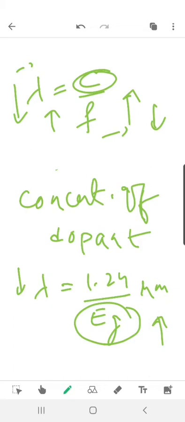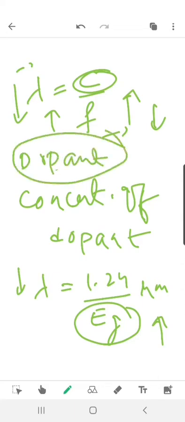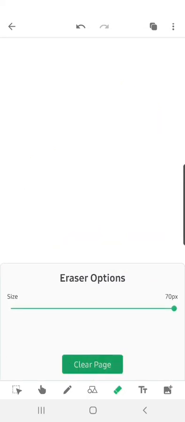Similarly, we have the dopant. The type of dopant which we are using will also help us to determine color. For example, if we have gallium phosphide, GaP, this phosphorus is again a dopant.